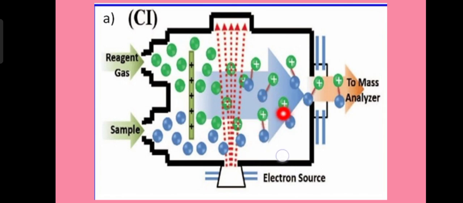The protonation will be happening to the sample molecules, and now these protonated analyte molecules will be accelerated towards the mass analyzer for its detection.